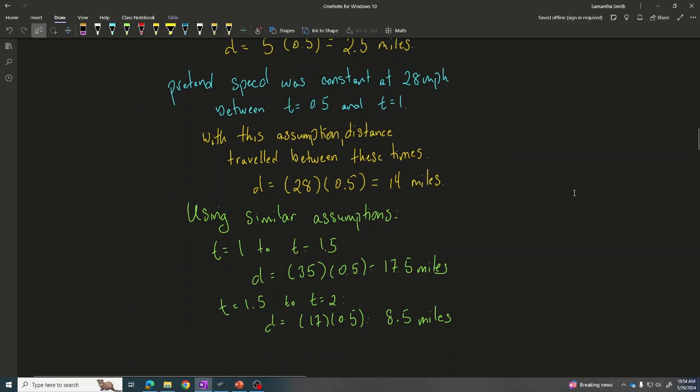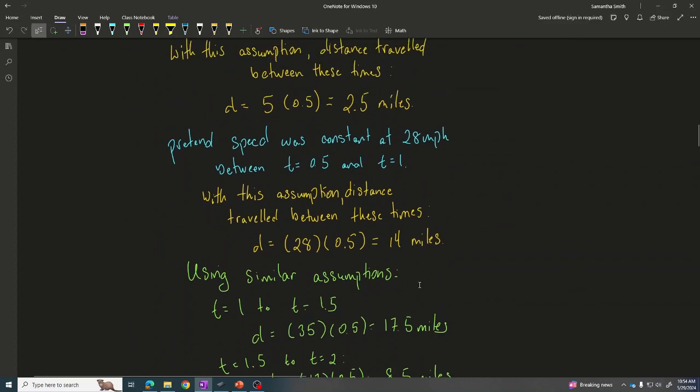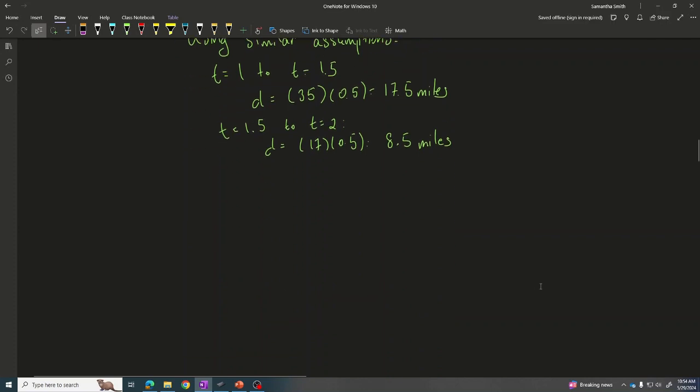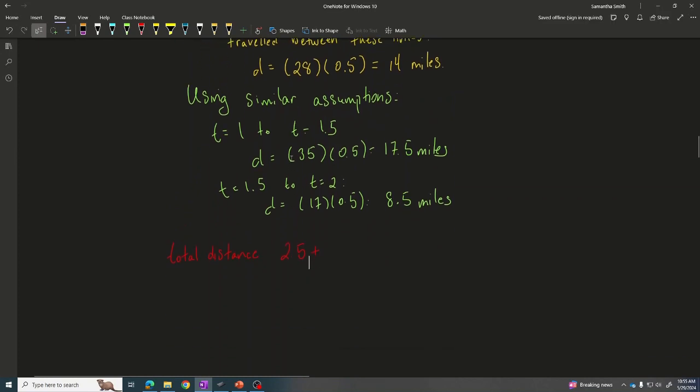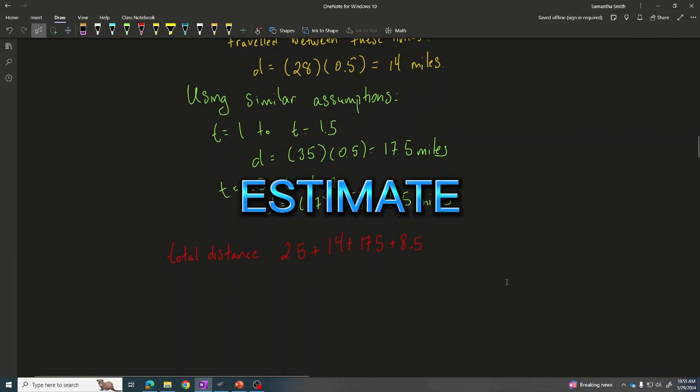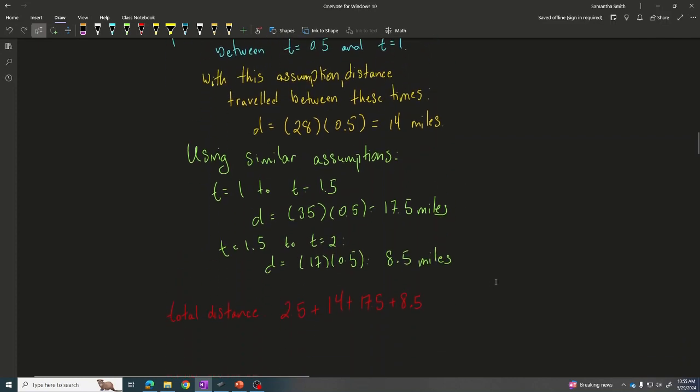We could find the total distance traveled just by adding these four calculated values together. 2.5 plus what we calculated earlier to be 14, what we calculated earlier to be 17.5, what we calculated earlier to be 8.5. The sum of these values would be an estimate for the total distance traveled.